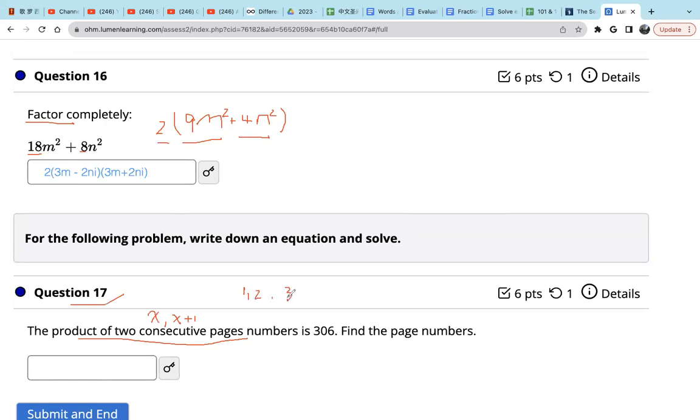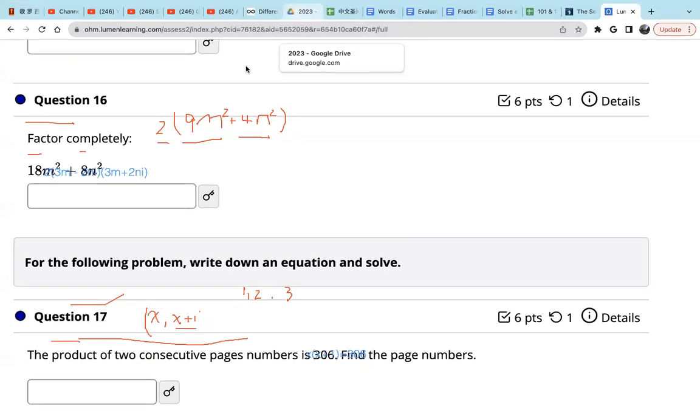So 1, 2, 3 are consecutive numbers, 2, 3, 4 are consecutive numbers. It only means they differ by 1. So if one number we call x, the other number is x plus 1. The product means multiply those two. It means x times (x plus 1) equals 306.